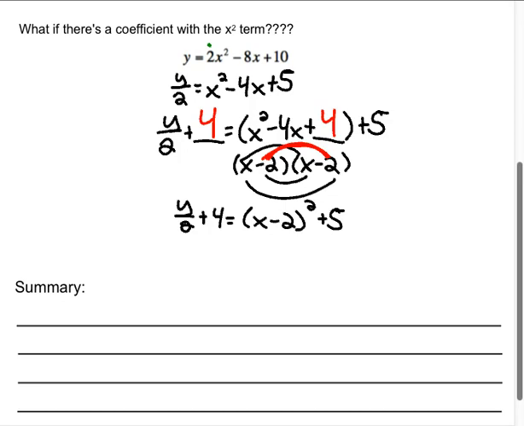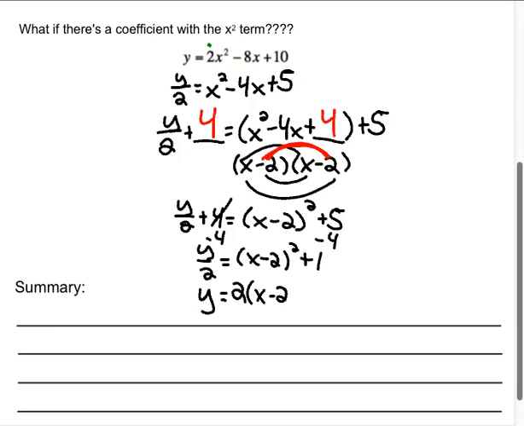The only difference here is that now I have two more steps to complete before y can finally be by itself. I need to subtract the 4, and I have to multiply everything by 2. And when I multiply everything by 2, all it does is multiply the outside of this thing and the constant at the end.